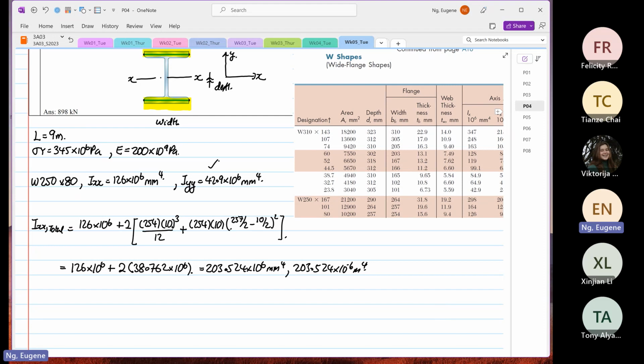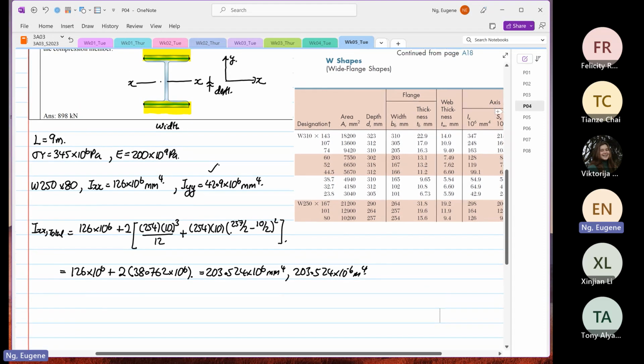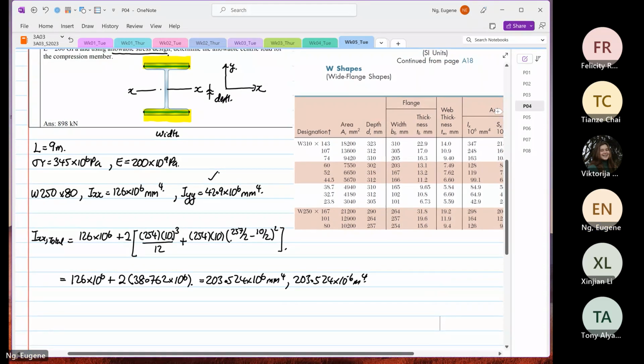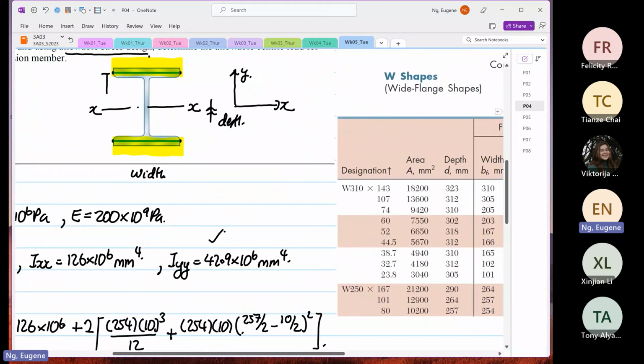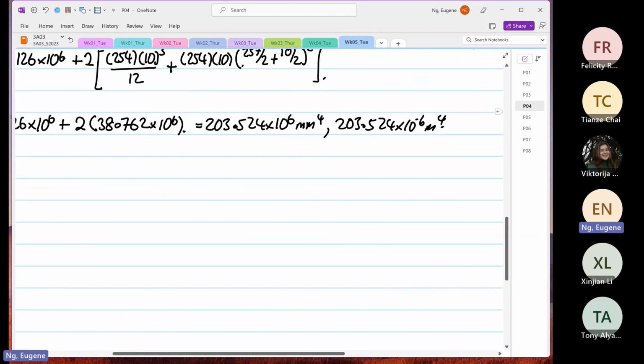Okay, hold on, I think I know where I made the mistake over here. So the centroid, yeah, I made a mistake. So from here to here is equal to 257 divided by 2. So from here to halfway, this is 10 divided by 2, and it's a plus. My bad, I made a mistake.